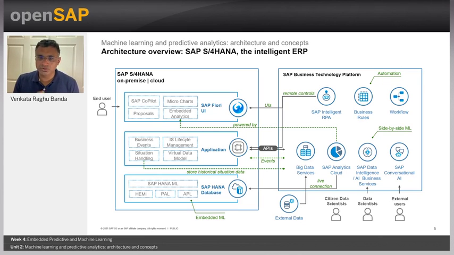It can be consumed by the application sitting on the S4HANA. In the same way, you also have SAP Analytics Cloud, which has a live connection with the database that is sitting in SAP HANA database on your S4HANA cloud. So this is the overall big picture of the architecture overview that we have.